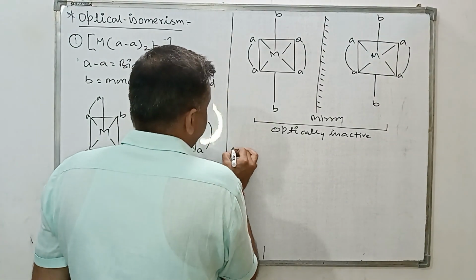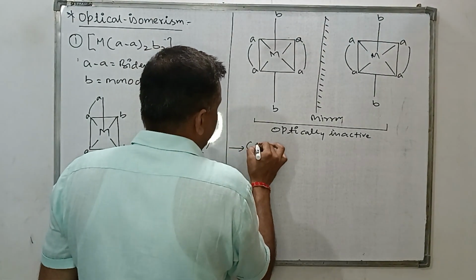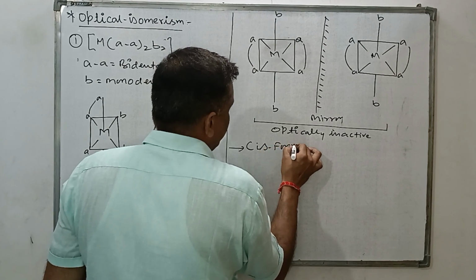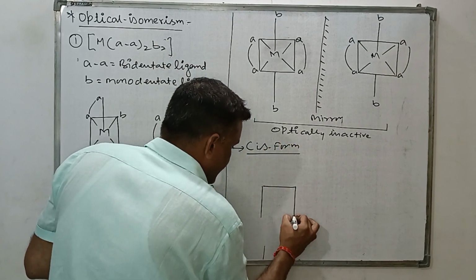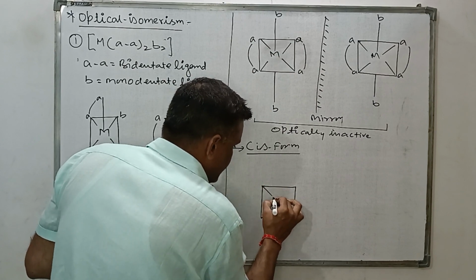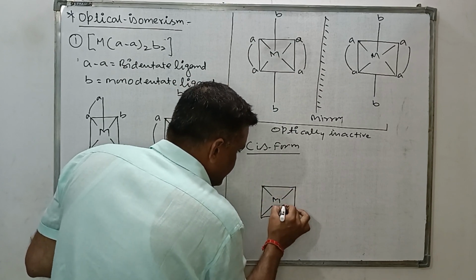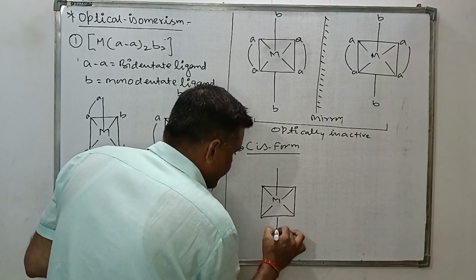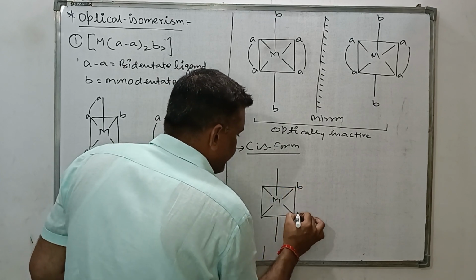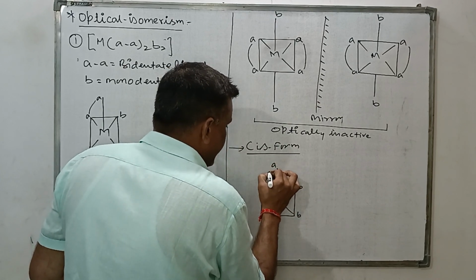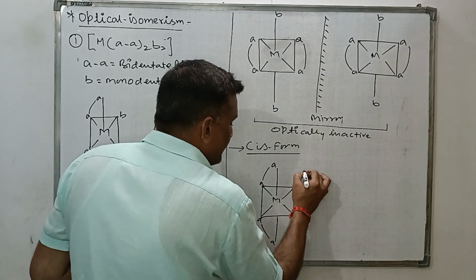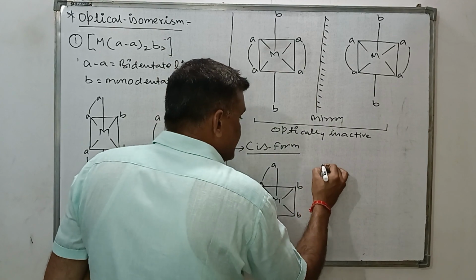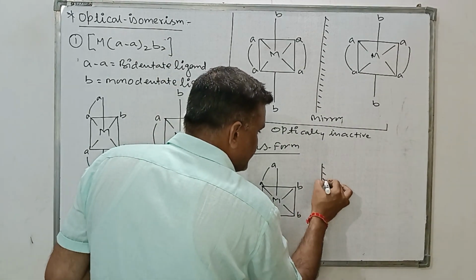If we go with the cis form of the compound, this will be the cis form, and let's see its mirror image. This is BB, this is AA, this is AA, and its mirror image will be as follows.